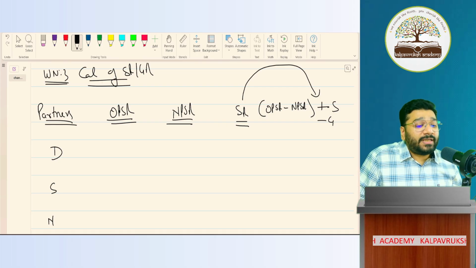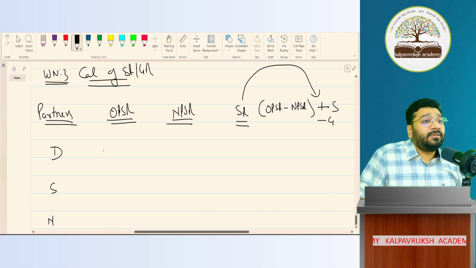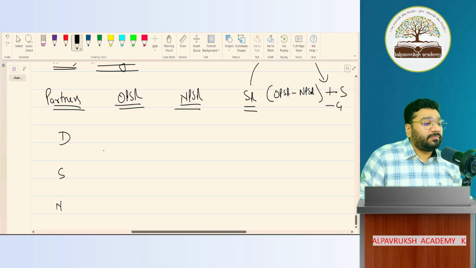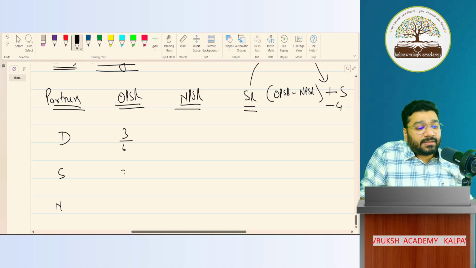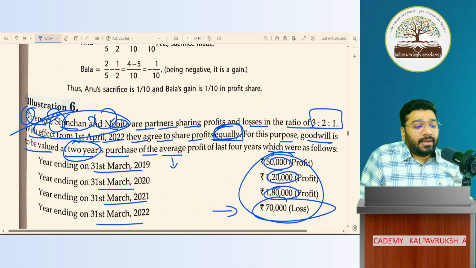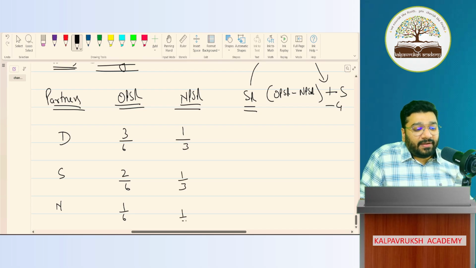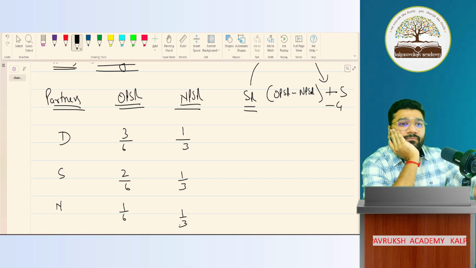What is Doraemon, Shinchan, Nobita's old profit sharing ratio? 3:2:1. Fraction, how much? 3/6, 2/6, 1/6. New profit sharing ratio equal: 1/3, 1/3, 1/3. Got it?